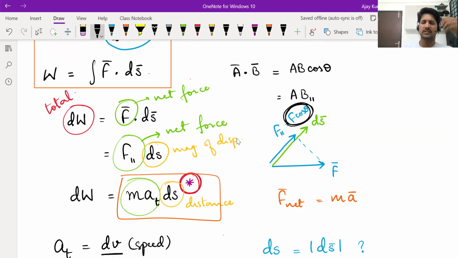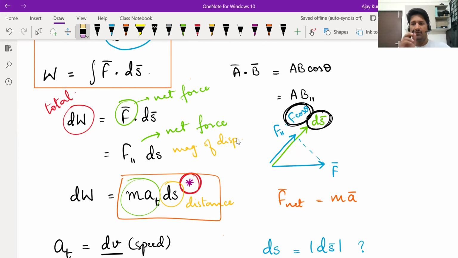Okay. Or the tangential force F cos theta multiplied with the magnitude of displacement ds. So I wrote F parallel into ds. So nothing new. This is all known already. F parallel is the tangential force acting on the particle. ds is the magnitude of displacement.